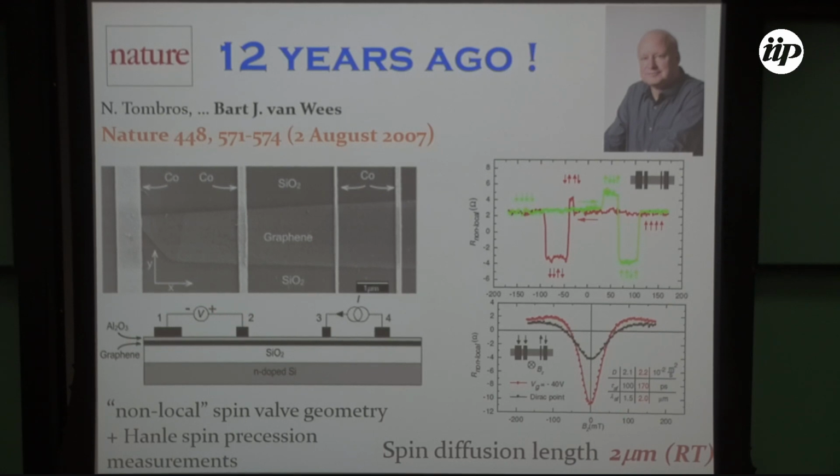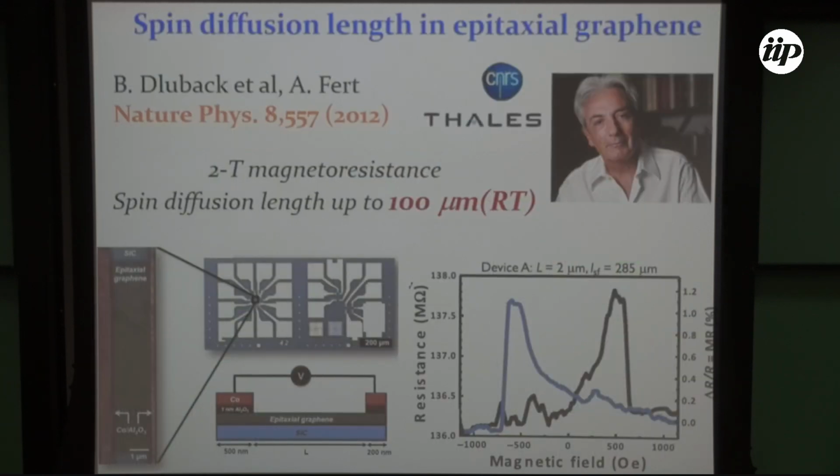From this kind of experiment, which Roland will explain, you can extract the spin diffusion length and the spin lifetime. This first experiment was very promising because 2 microns at room temperature was already one of the best figures of merit for any other materials.